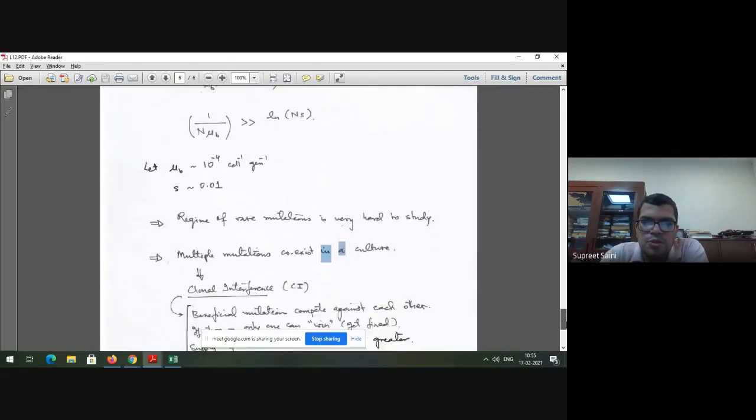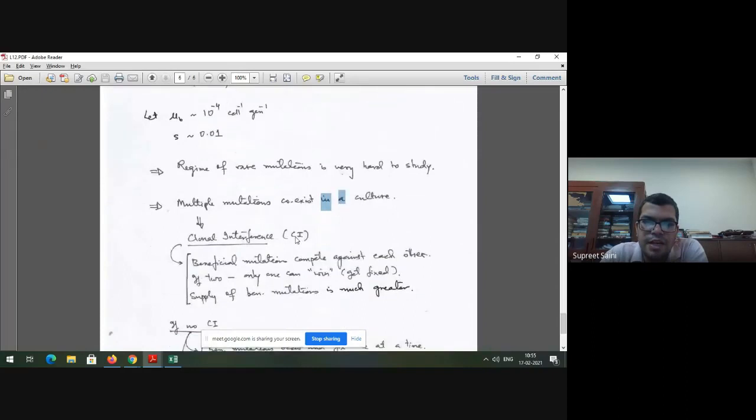So clonal interference has this property that beneficial mutations are not only lost because of drift, which is what we studied, but also because of competition among different beneficial mutations. Hence, the chance of reaching fixation for a beneficial mutation is further reduced from what we studied.